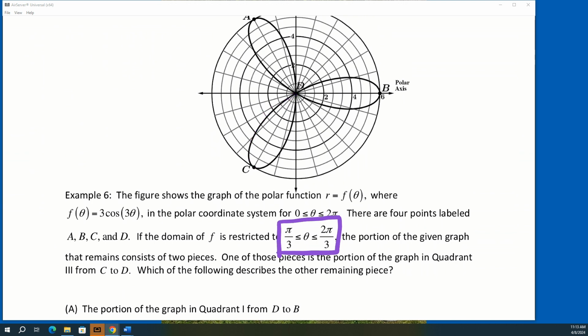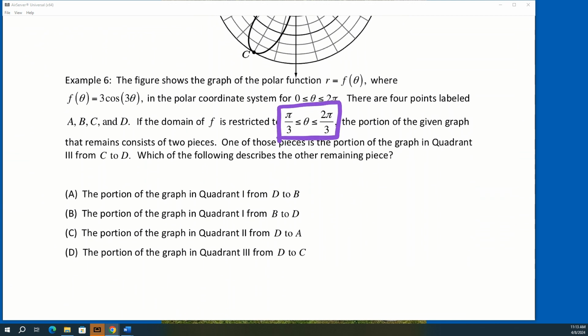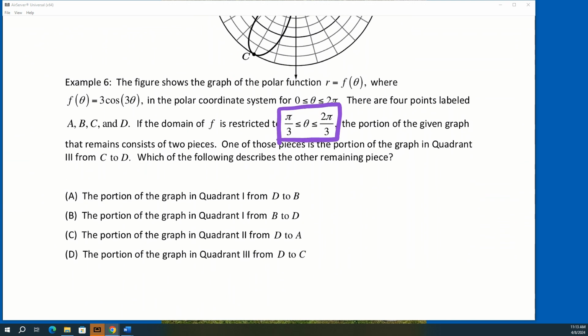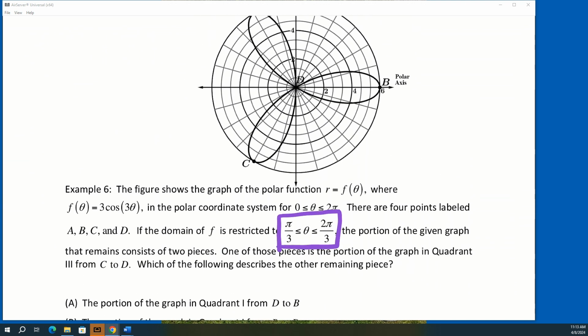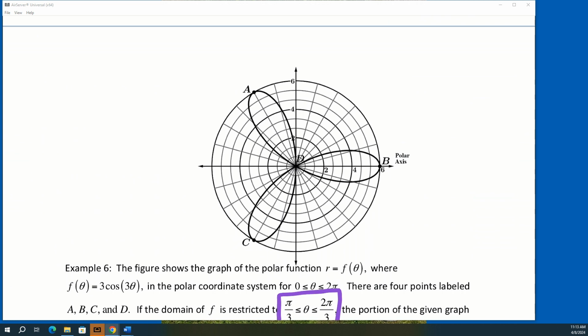All right. Which of the following describes the other remaining piece? So it's either going to possibly from D go to that, or it could go to that. Or if it was, no, I think it has to go from D. No, I guess if it went the other way, it could be that one. I don't know.